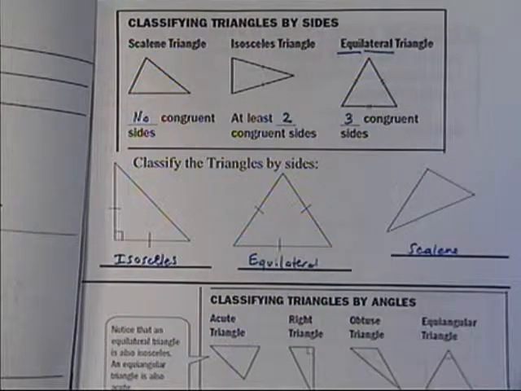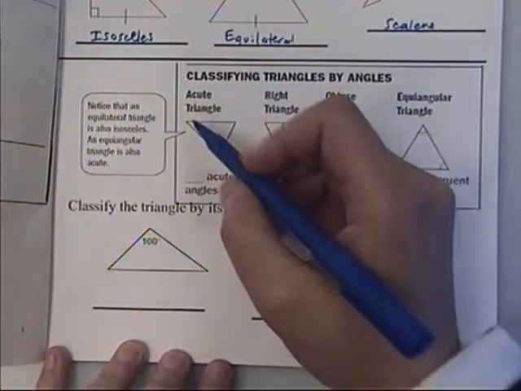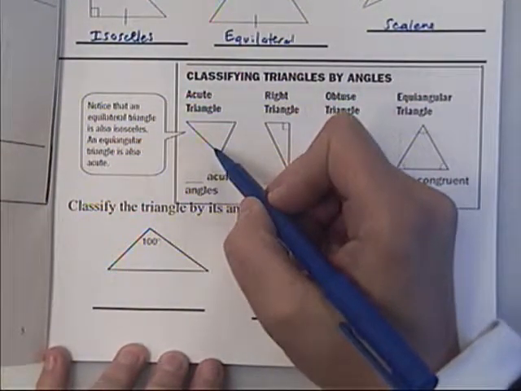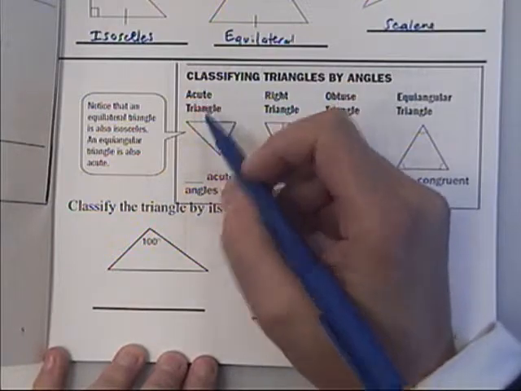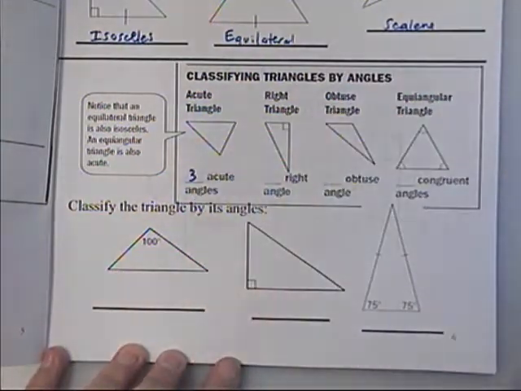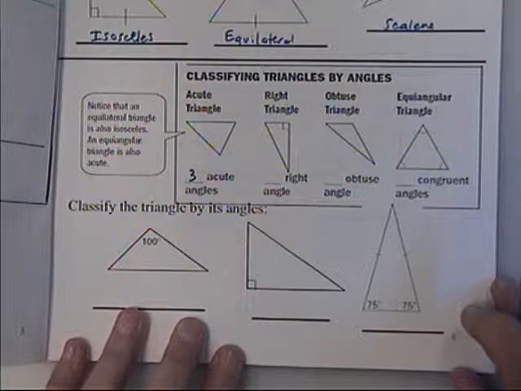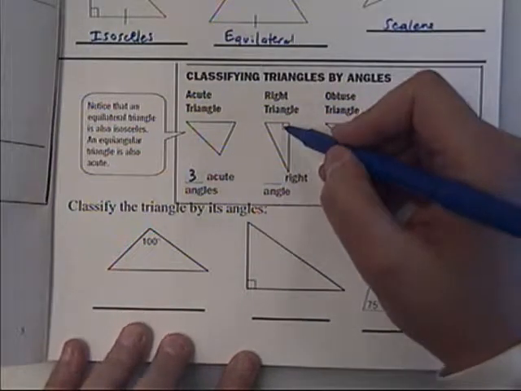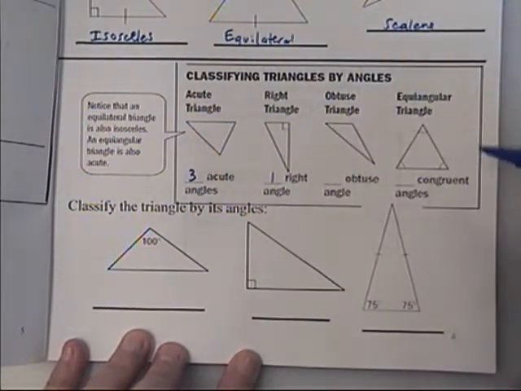Now you can also classify triangles based on their angles. So, for example, if you have a triangle where all three angles are smaller than 90 degrees, that's called an acute triangle. A triangle where you have one right angle is called a right triangle.